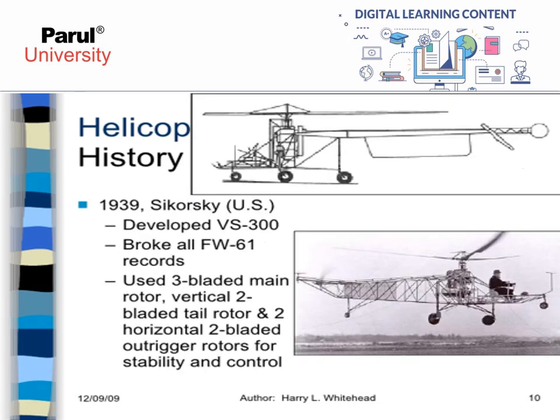Now in 1939, Sikorsky, a US scientist, developed the VS300, which broke all the FW61 records. It used a 3-blade main rotor, a vertical 2-blade tail rotor, and two horizontal 2-blade outrigger rotors for stability and control.